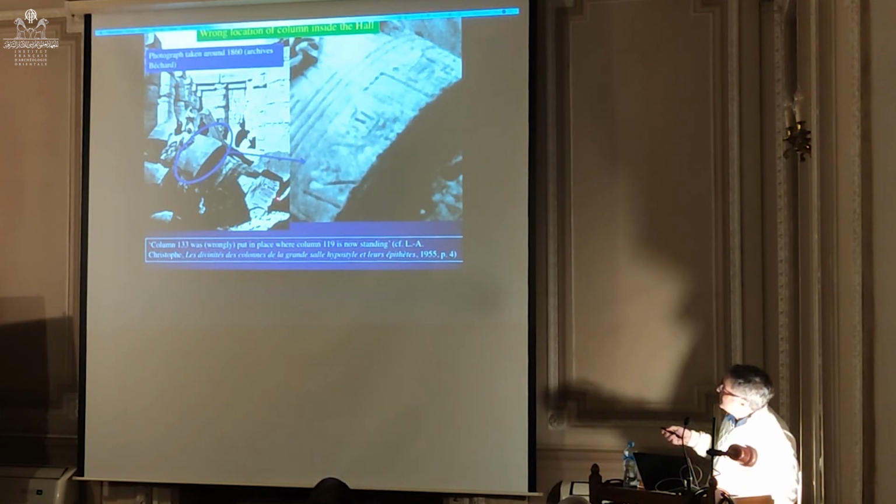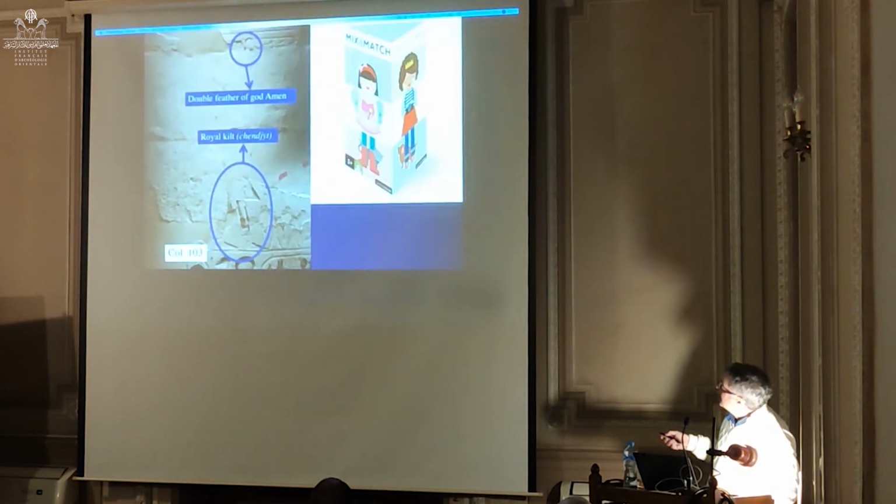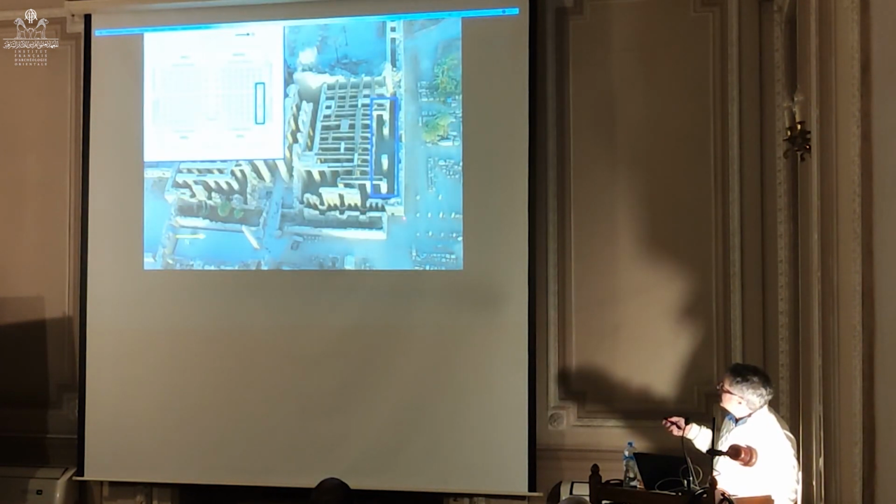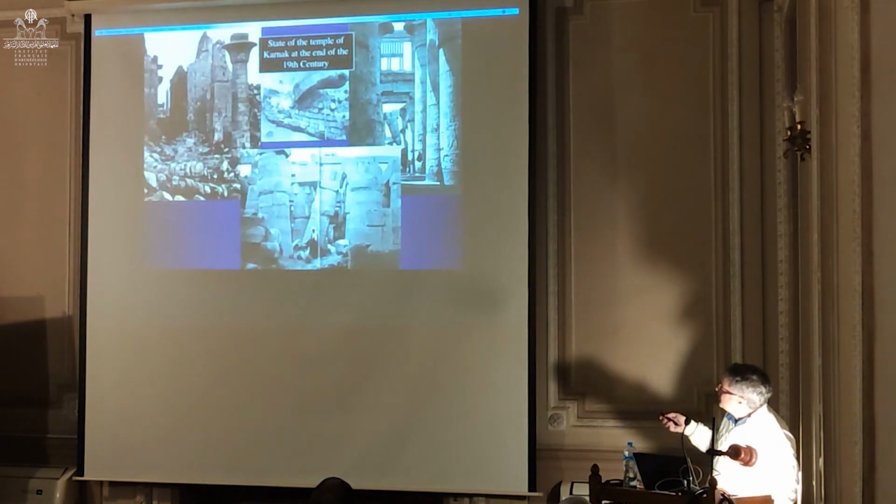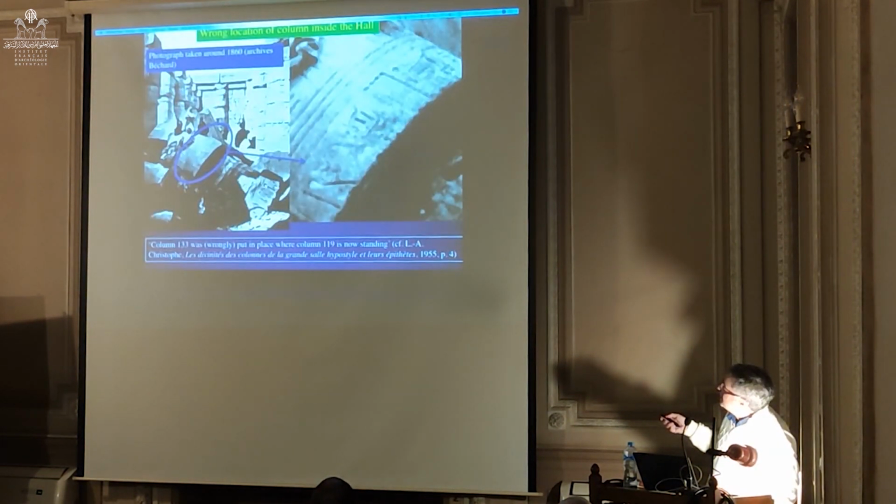So this column should be numbered, in fact, 133. This picture was taken with the column here fallen. This column was located in between these two columns, and we can know this by looking in the background.